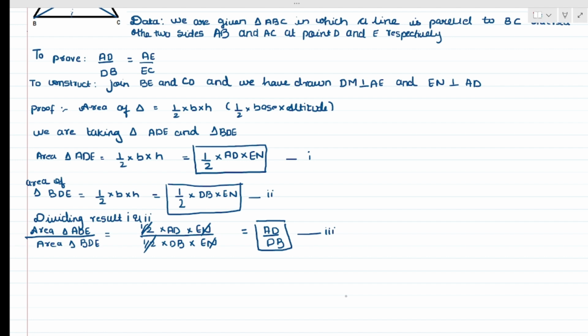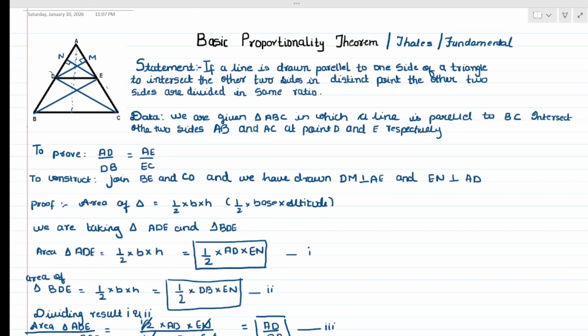First of all, we have taken all the triangles of LHS. Now we are taking the triangles of RHS. How will you do so? For LHS, we have taken triangle ADE and DBE.